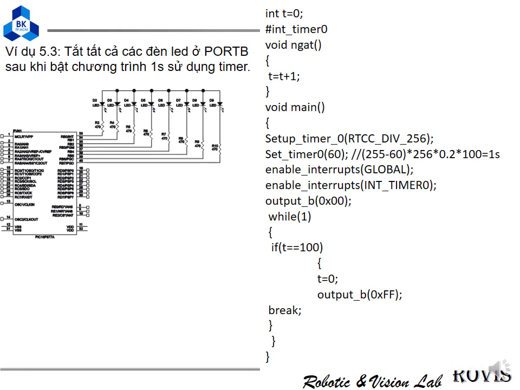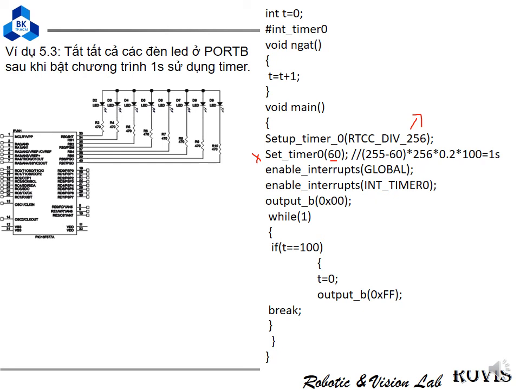And let's have a look at this one. It is similar to the previous one. I set timer 0, the initial number is 60, and I set the prescaler to 256.